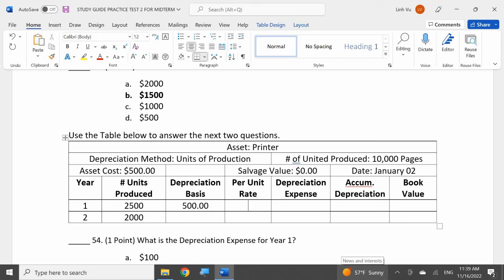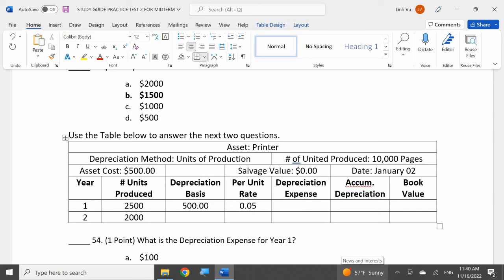So in this case, $500 divided by 10,000 pages is going to give you 0.05, so 5 cents per page. That's how the per unit rate works, how much it would cost per page.